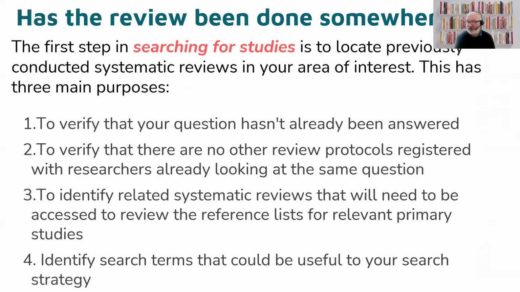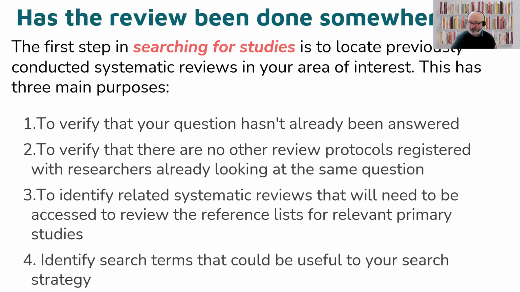As I said, one of the things you're interested in is, has the review been done somewhere else? You don't want to spend time doing something that's already been answered, but also you don't want to duplicate something that hasn't been finished yet. So you'll be searching protocols to see if somebody is in the middle of doing what you're thinking of doing. You can also search for similar systematic reviews and look at their search strategy to see what you can take from those to improve your search strategy.